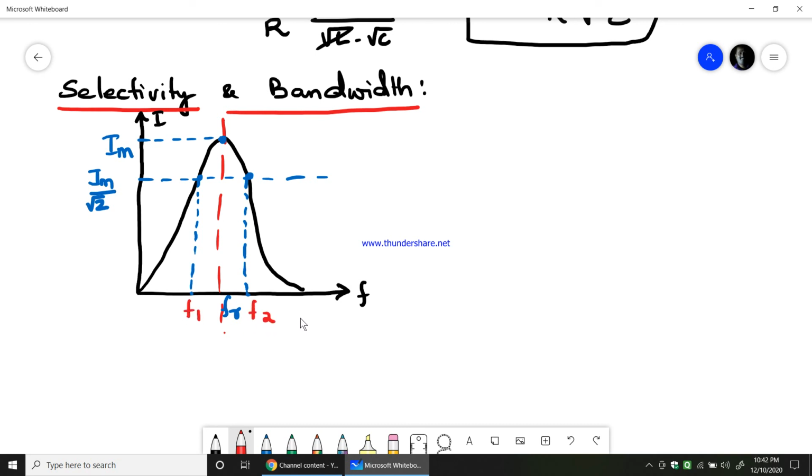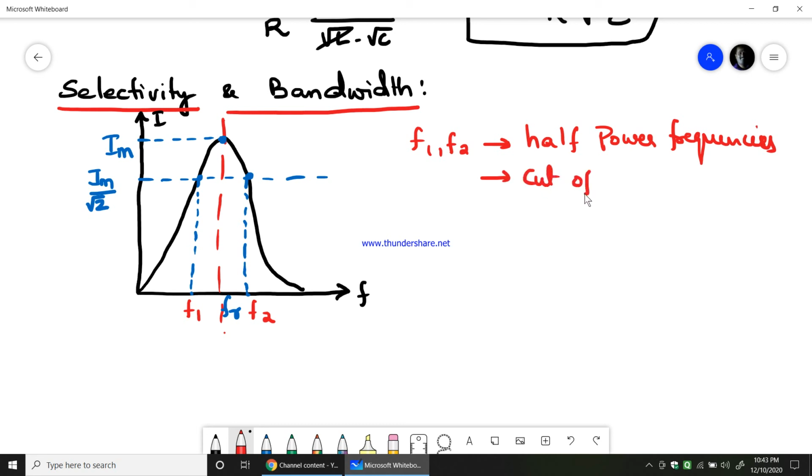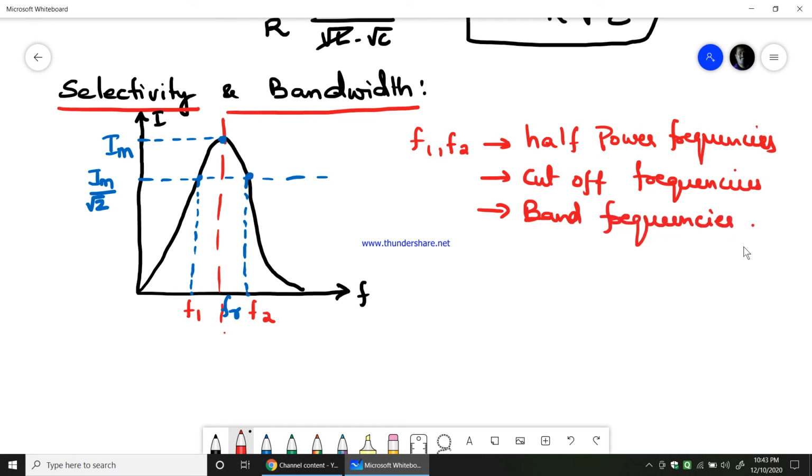F1 and F2 are normally called half power frequencies, cutoff frequencies, and band frequencies. So there are three names given to this.